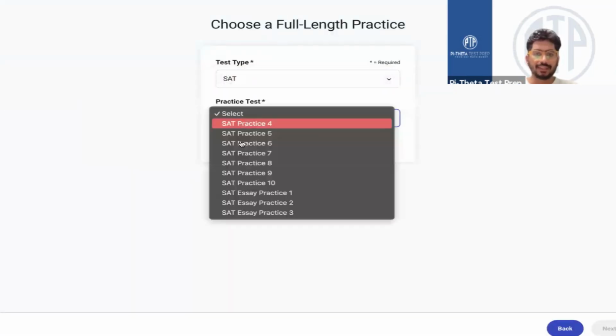I'm going to practice test 7. Practice tests 4, 5, and 6 were initially uploaded. Now, recently, College Board has uploaded practice tests 7, 8, 9, and 10. So we'll be seeing only the walkthrough of the math portion of practice test 7 today.